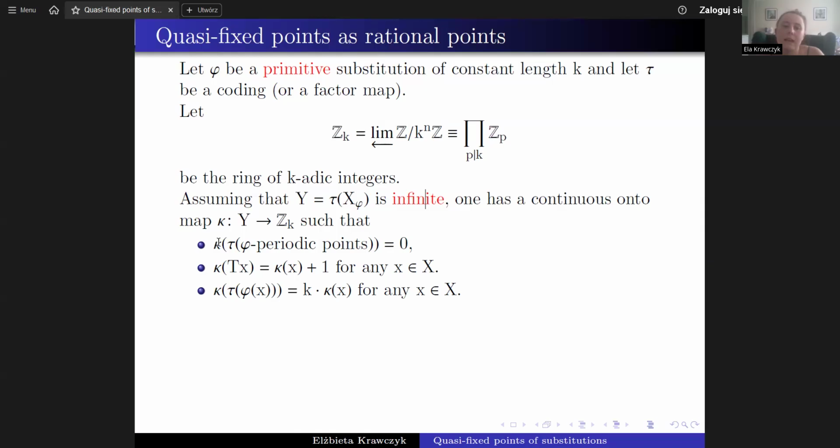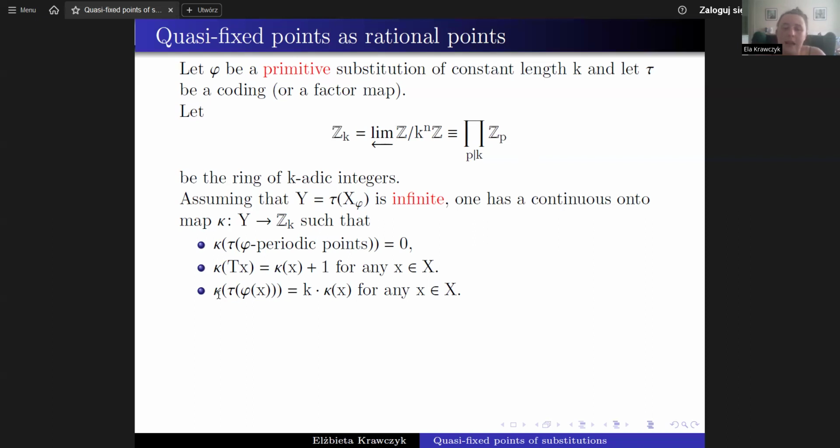All phi-periodic points, in particular all fixed points, are mapped to 0 by kappa. Kappa plays nicely with my shift map. This means that kappa of a shifted sequence is just kappa of the sequence plus 1. And here is addition in this ring.